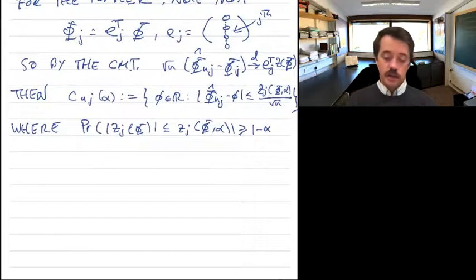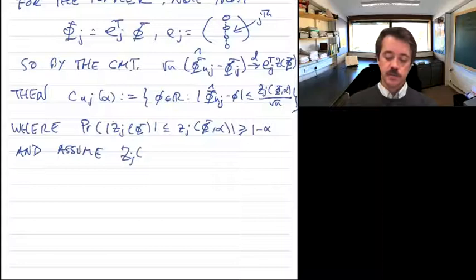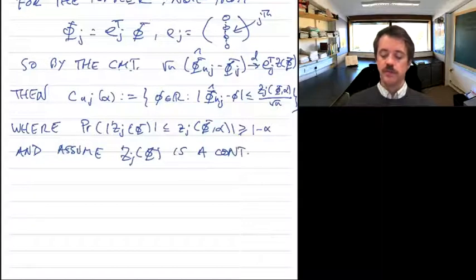Okay. And let us, for simplicity, assume that this Z_j of capital phi is a continuous random variable.